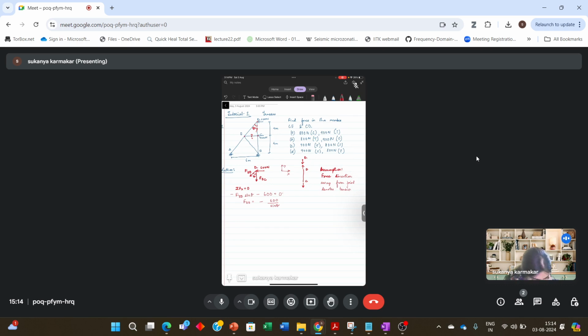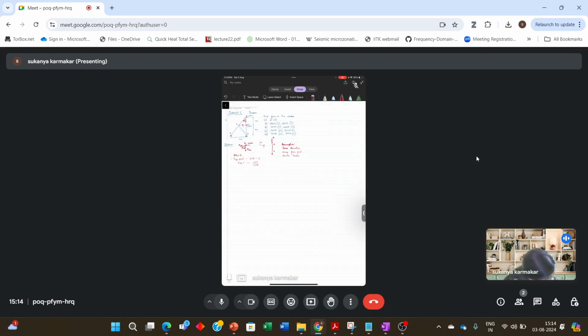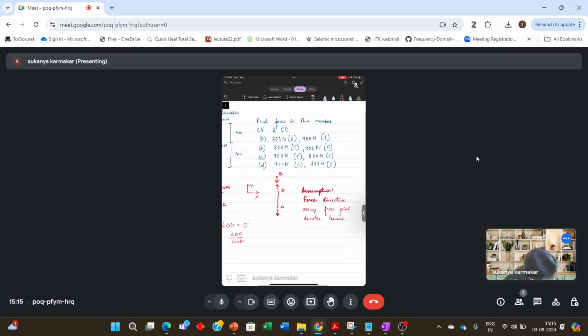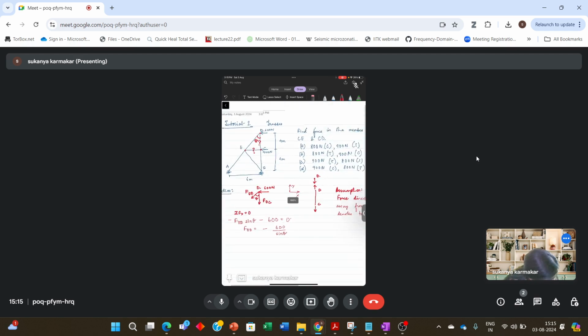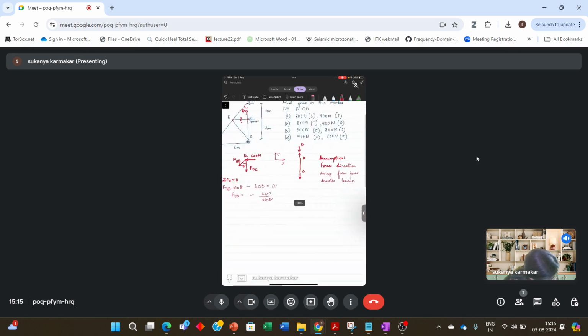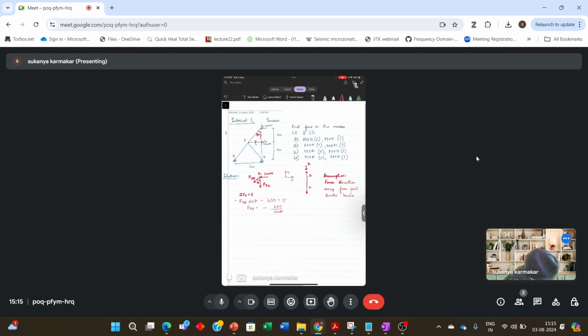What is the location of this point? This distance should also be given in the question. Sorry for the problem in the access, something is blocking.